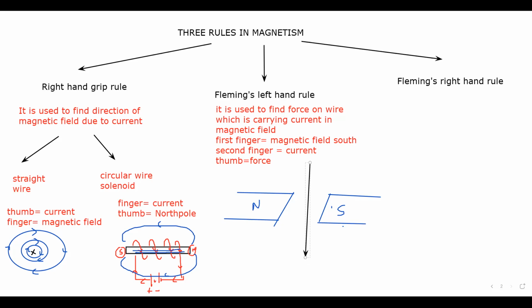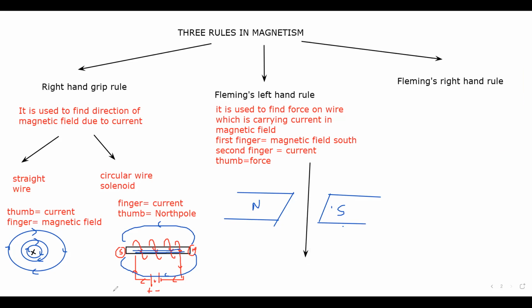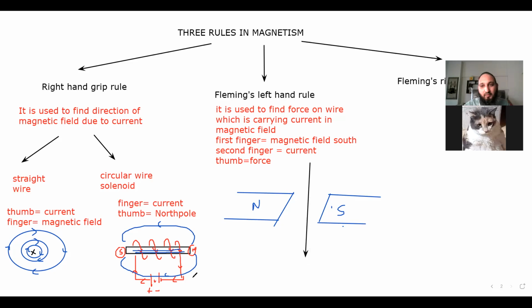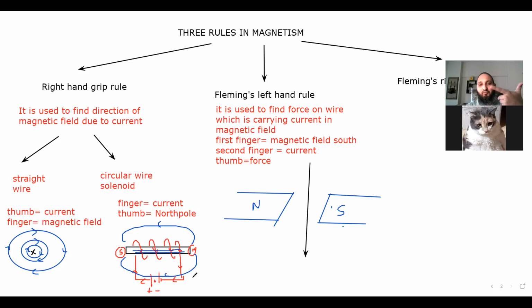So if I want to find the direction of the force on this wire, first thing, because I know the current is downward, I want to find the direction of the force.